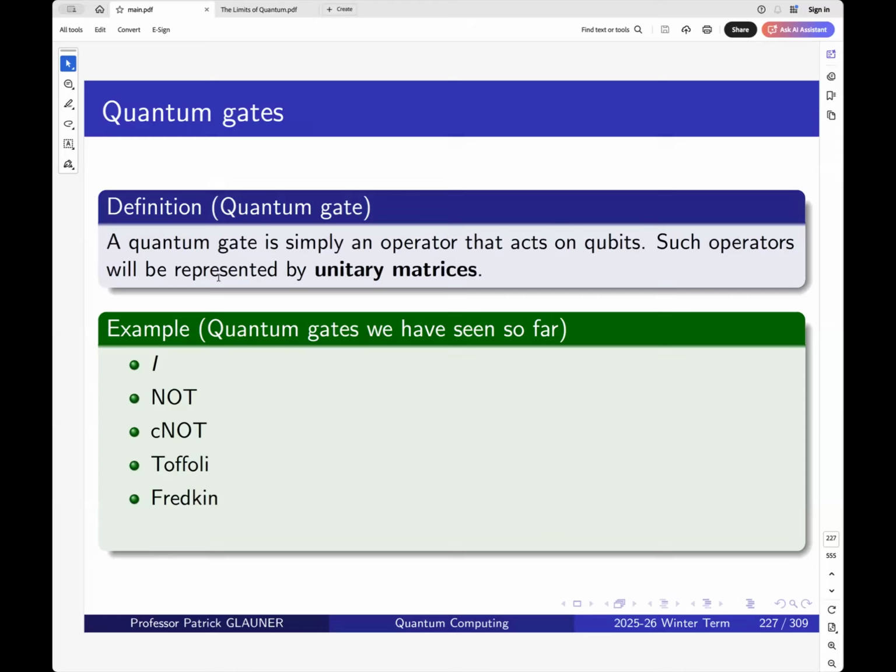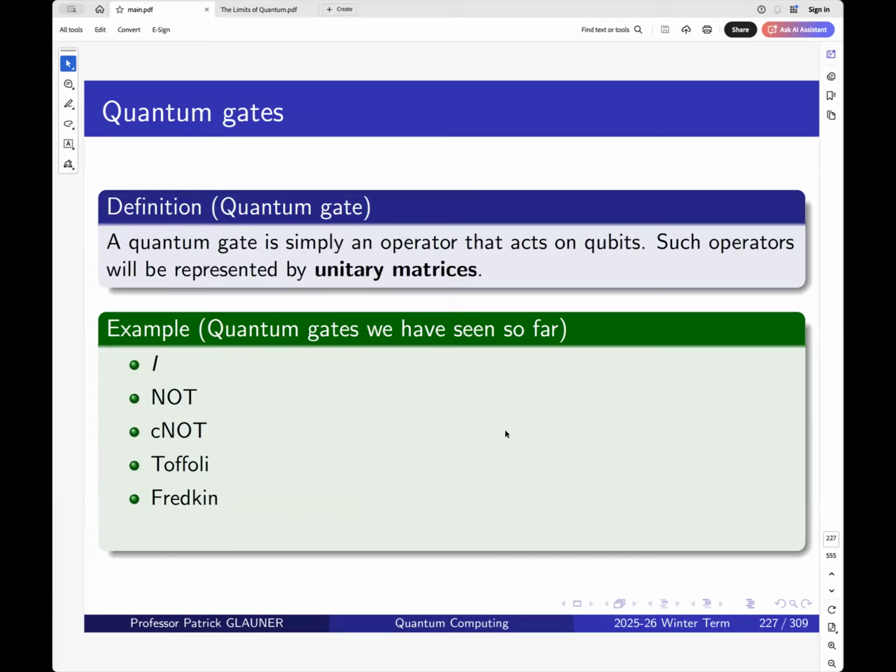And we finished with this slide last week. We looked at quantum gates, and we saw that some of the gates we had seen before are in fact quantum gates, like the NOT gate, the CNOT gate, the Toffoli gate, the Fredkin gate, and the identity matrix, which is the identity gate. All of them can be represented by unitary matrices, and that's why they are quantum gates.